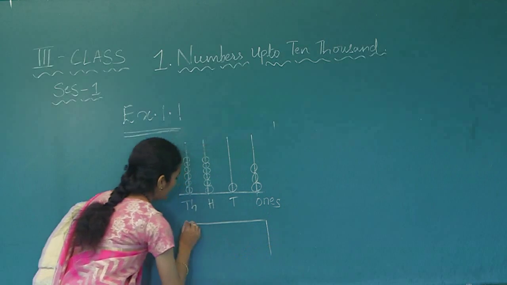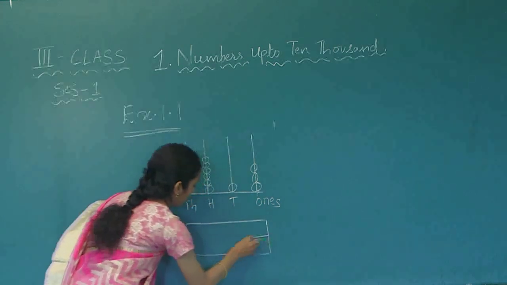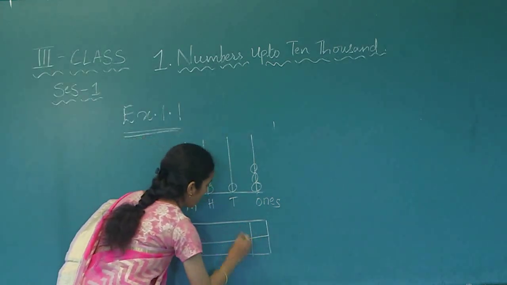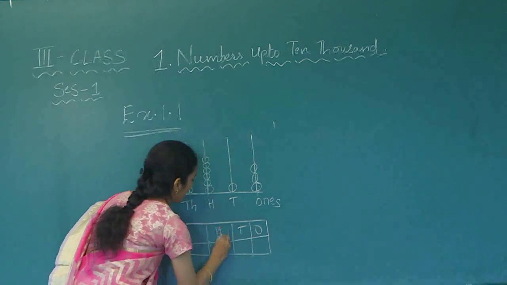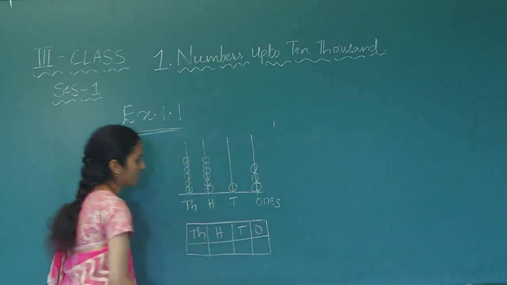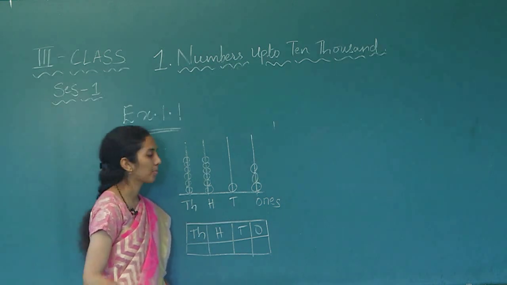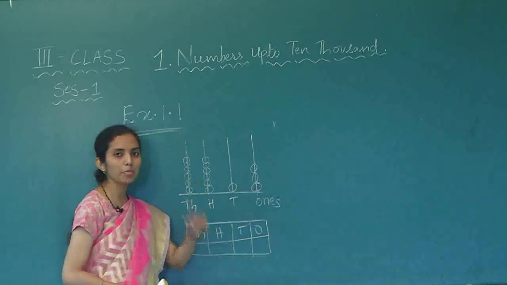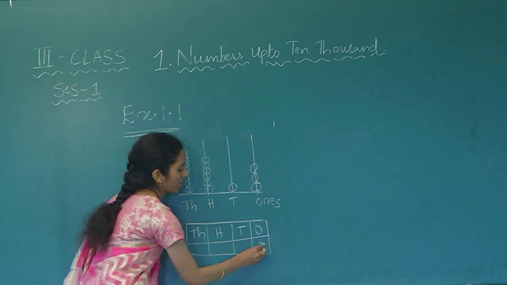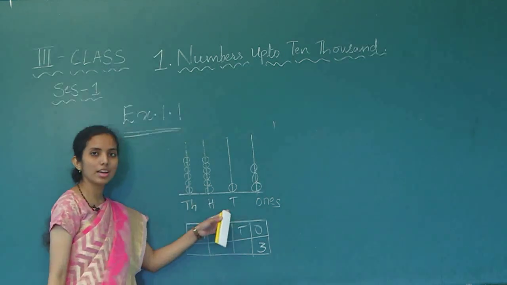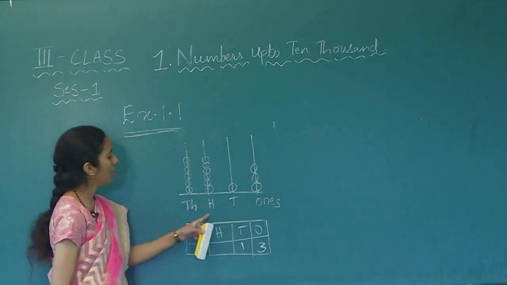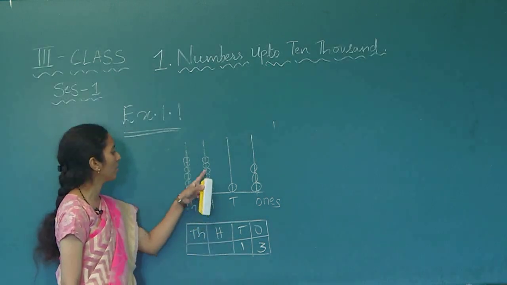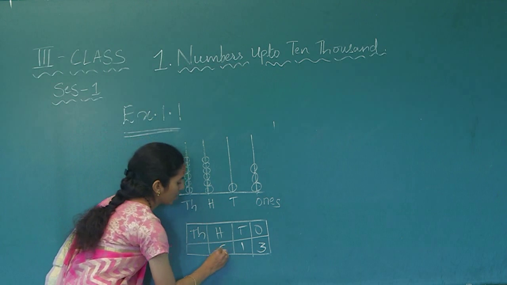So, how do we write it? We draw the box of place values and we write it: ones, tens, hundreds and thousands. How many ones are there? 1, 2, 3. 3 beads are given. So, it is 3. How many tens are there? Only 1 ten. So, 1. How many hundreds are there? 6 hundreds.